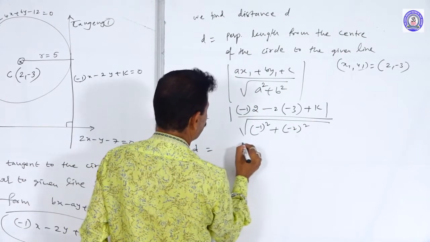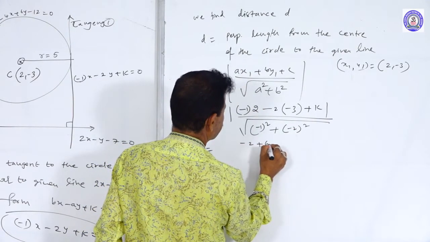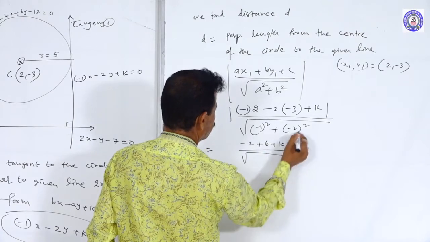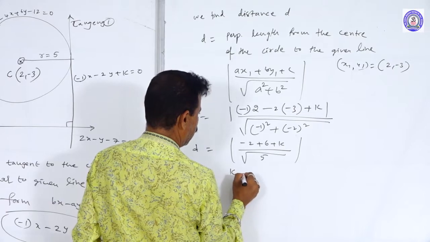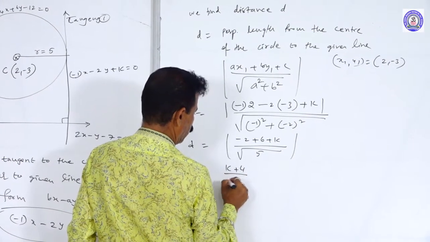So d = |−2 + 6 + k| / √5, which gives d = |k + 4| / √5.